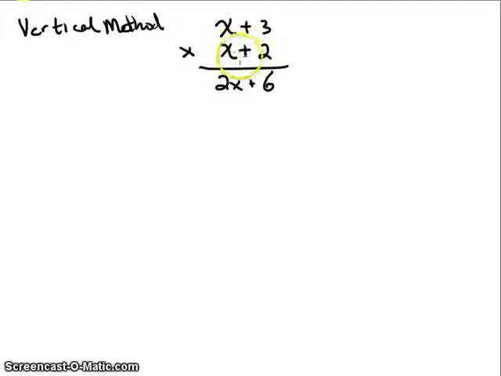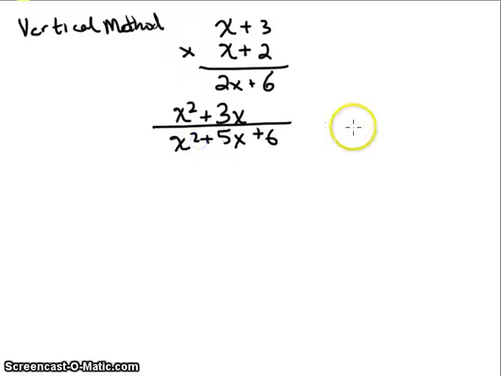Now I go 3 times x, move 1 over like I would with regular multiplication, gives me 3x, and x times x gives me x squared. Add them all up. 2x plus 3x is 5x, x squared. Once again, we get the same result as before.